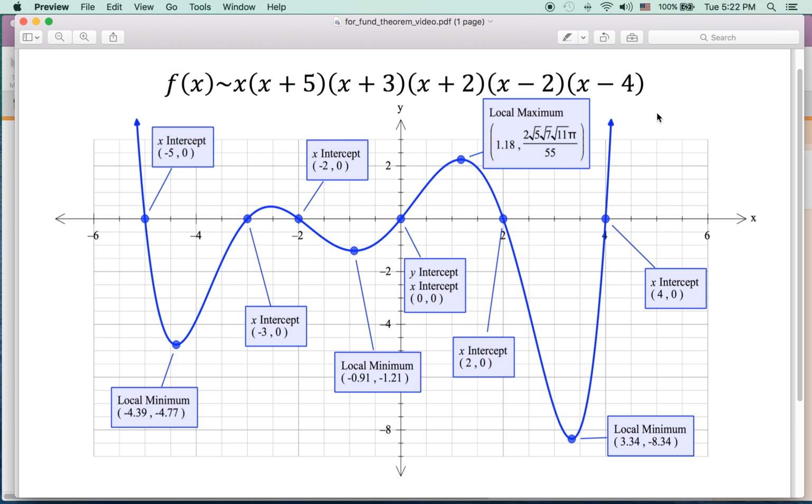The complication is that sometimes the root is not a real number, but a complex number. In that case, the graph will not cross the x-axis, and you won't be able to find the root by graphing the function. So again, sometimes the roots are complex, and then you cannot find the root by graphing it.